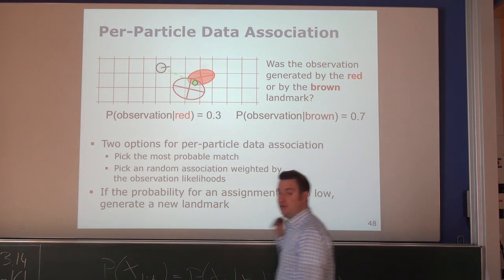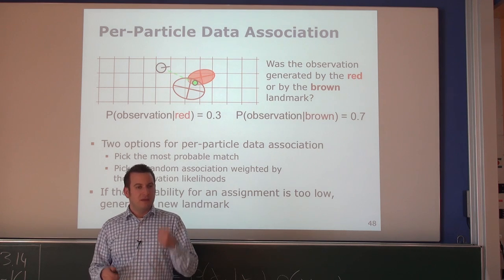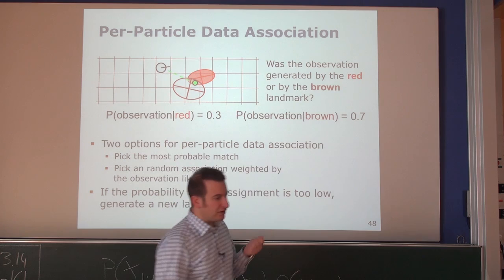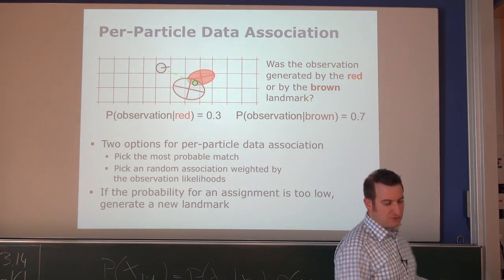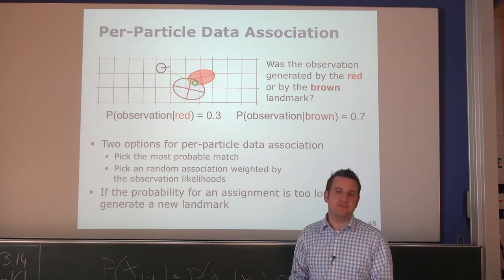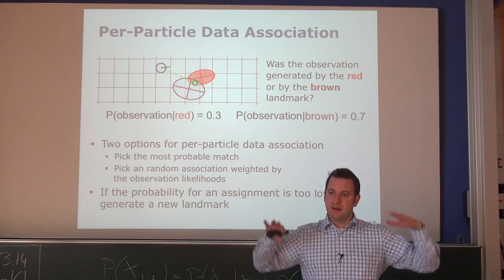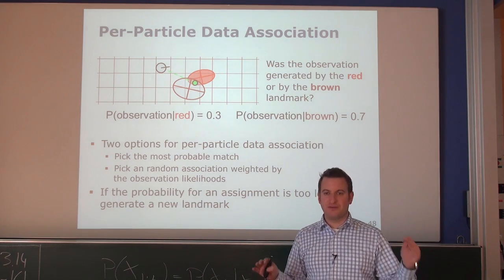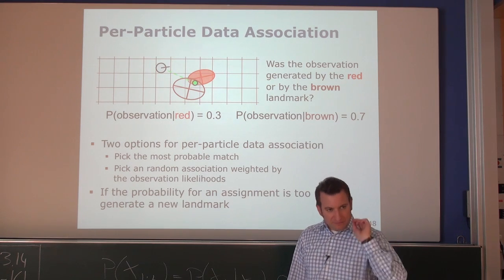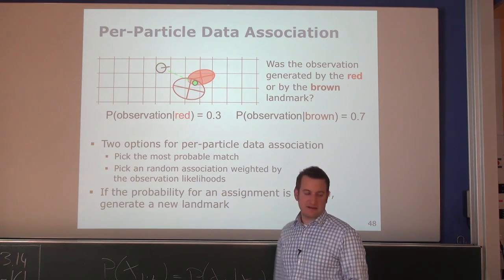The nice thing here is that this is a very easy strategy. It's very simple to implement, but has very nice properties. And this is one of the advantages of FastSLAM compared to EKF, that I can do very simple but effective data association. The reason for this is that I don't have a parametric form which describes the uncertainty of the robot. I have this sampled belief. In this sampled belief, you can say, okay, for this sample, this is the right data association. For this sample, this is the right data association.